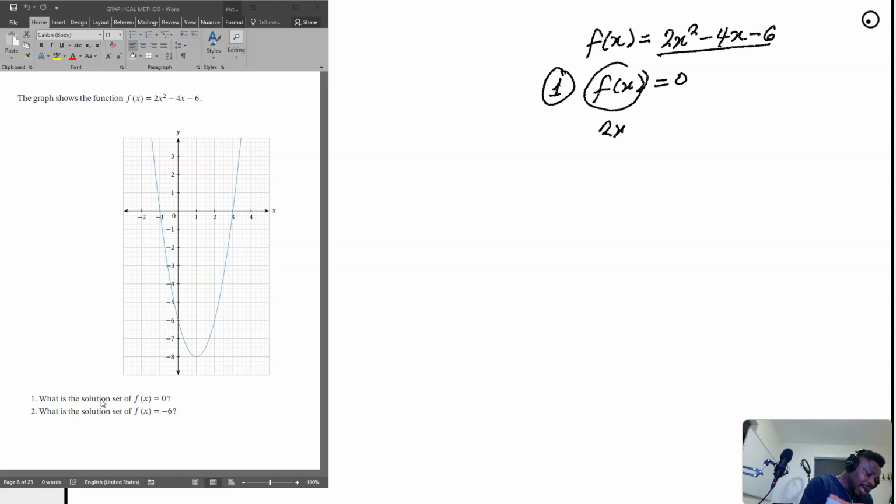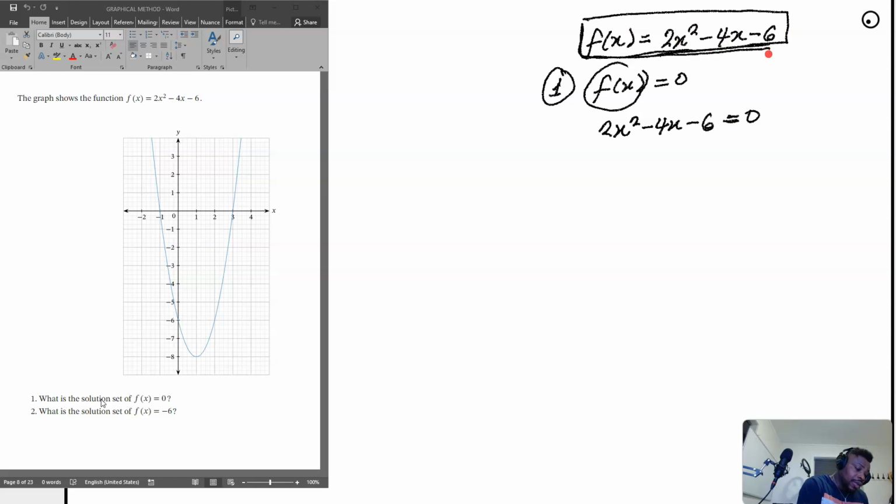So this is 2x squared minus 4x minus 6 is equal to 0. This is the function, and they've given us the graph here. So it only tells us that when the function is equal to 0, it simply means x value is where your curve is cutting the x-axis.